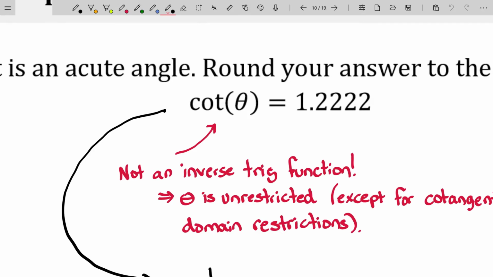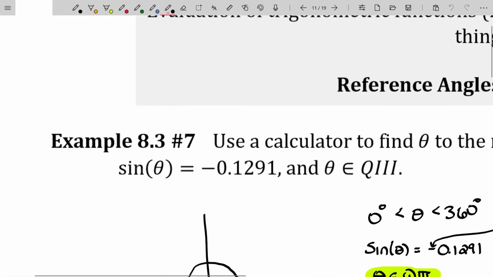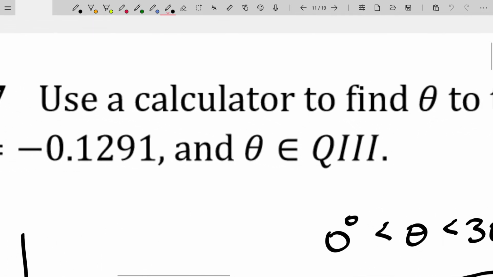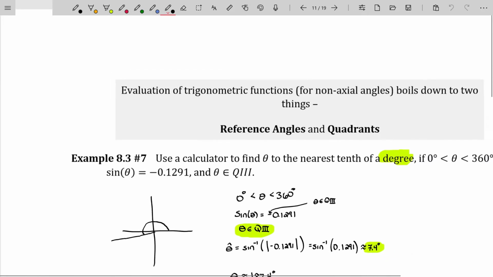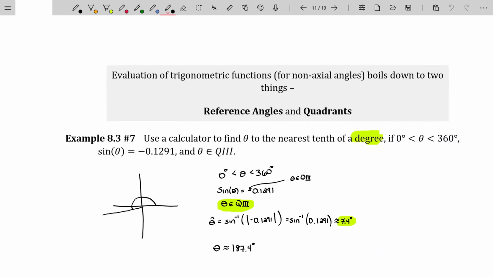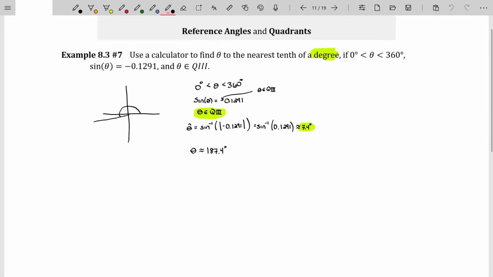There was no restriction on theta until they told us in this problem that it's in quadrant 3 and between 0 and 360 degrees. So they purposefully told us to restrict the angle, but this is not a sine inverse problem by itself. We had to use the sine inverse to find a reference angle, but that was it. So very critical to see that.